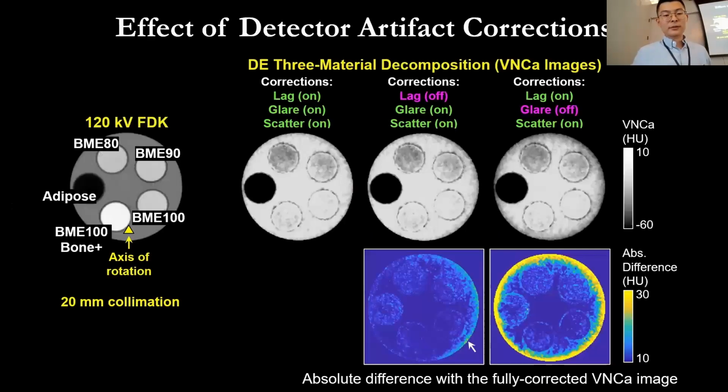You said the impact is very minimal. Yeah, somewhere here, right? So this axis of rotation is right here actually. So this is off-centered. This one is definitely going to be off-center, because if this center of rotation is at the center, then you won't see the lag effect actually. So you turn off the lag, the impact is quite minimal? Yeah, I think it's pretty minimal. It's about 10 or maybe a little bit more Hounsfield units on this non-calcium image.